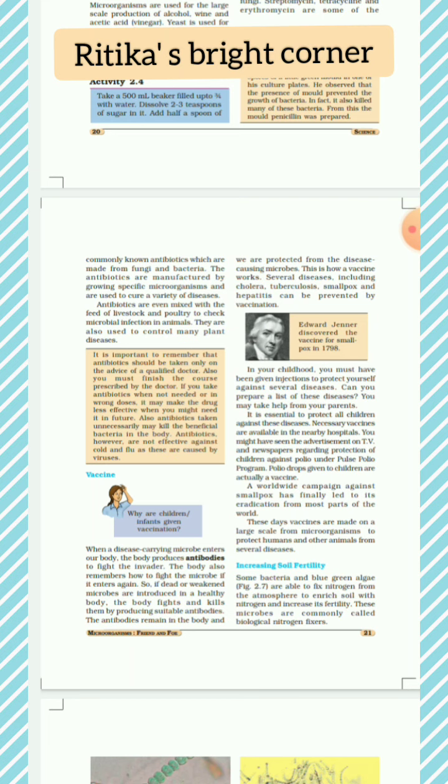After the use of a vaccine, the body also remembers how to fight the microbe if it enters again. Also, the body fights and kills the invading bacteria by producing antibodies, and we are protected from disease-causing microorganisms forever in life.